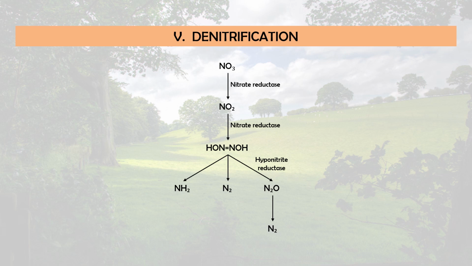There are several bacteria that help in this process, and Micrococcus denitrificans is a facultative autotroph that develops aerobically or anaerobically with either organic compounds or H2 as the energy source and oxygen or nitrate as the electron acceptor. There is also Thiobacillus denitrificans. It is also a chemotroph that helps in denitrification.